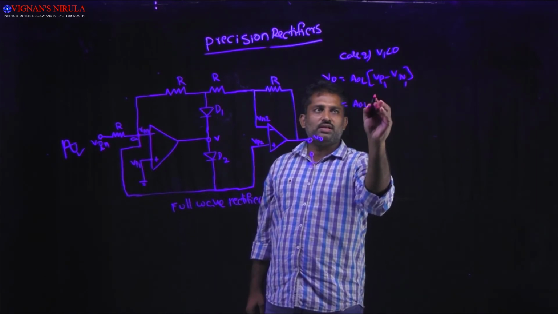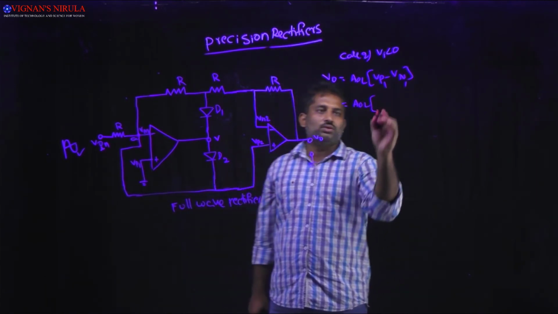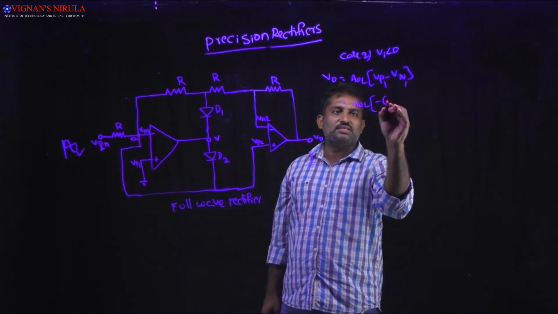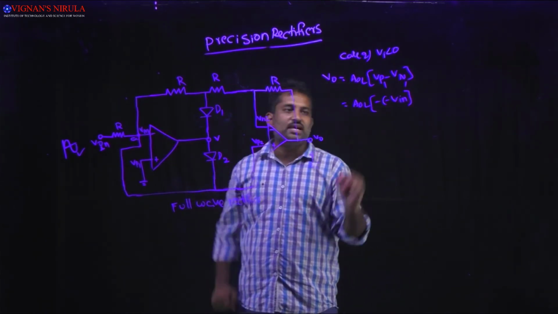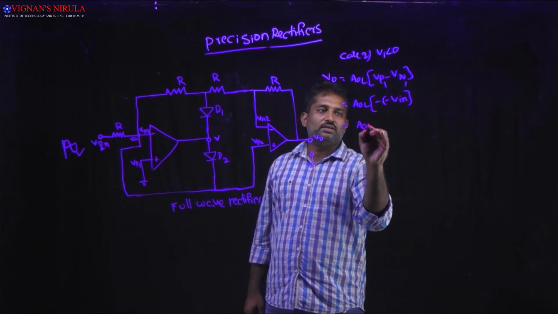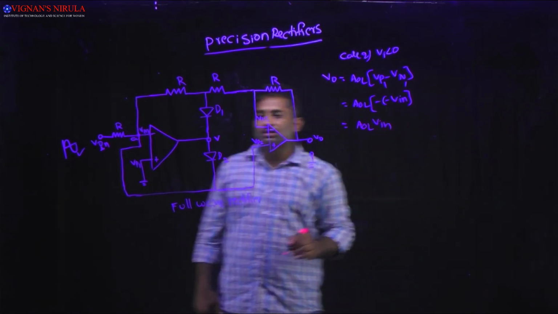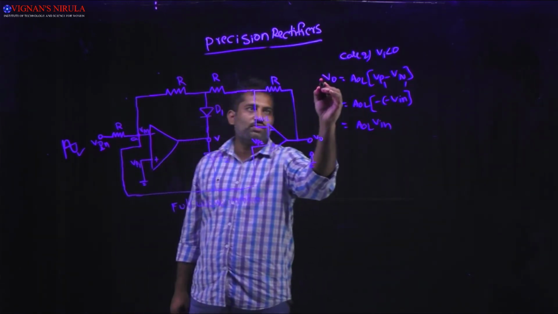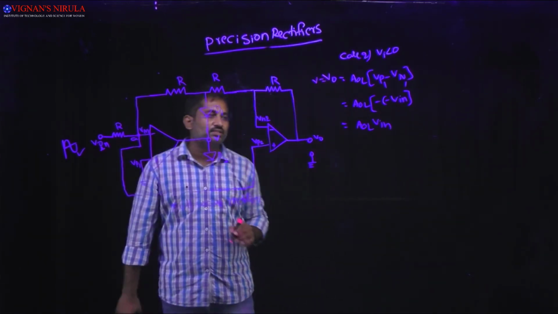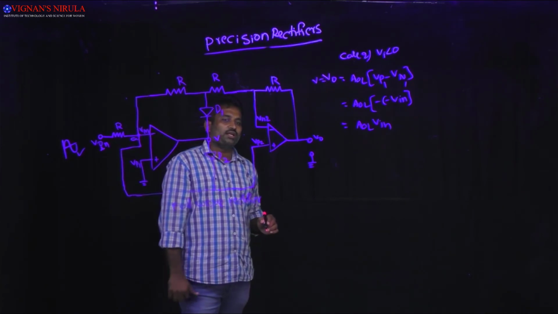So A naught L into Vp1, which is connected to ground, and Vn1 is minus of minus Vin. Yes or no? Why? Because Vi is less than 0. So you may get A naught L into Vin, and V naught is taken as V in this case.